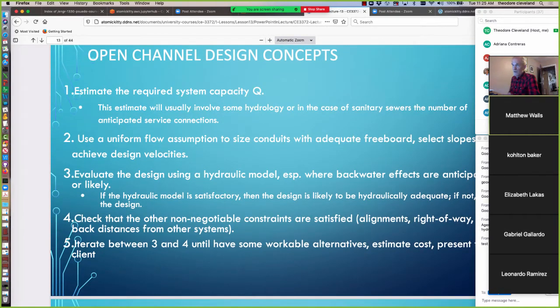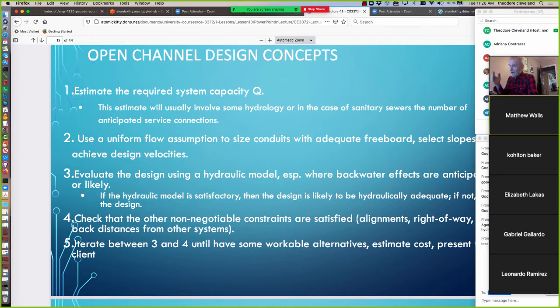So returning to our course, let's look at some open channel design concepts. So the reason we're designing these things is presumably to carry stormwater or wastewater, but for the time being, think of stormwater. And what we have to do as designers is we need to know what the system capacity is going to be.